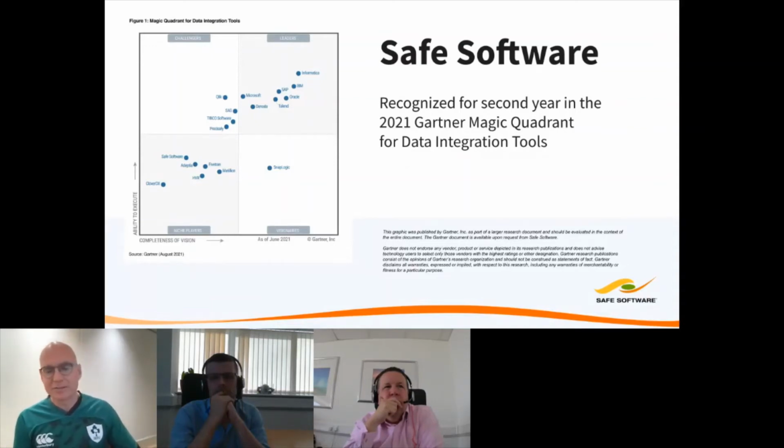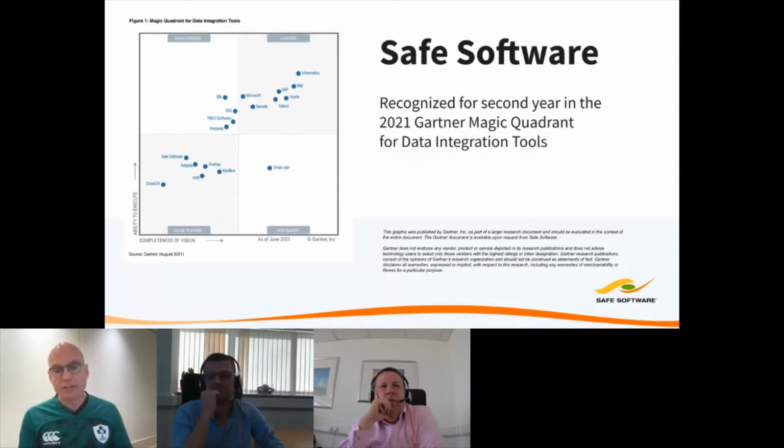Like Garrett, we wanted to be higher and to the right. I better get my right and my left straightened out. But Gartner is really a great voice to identify areas where we can improve. What do we need to do to move up and to the right? So it's been one of many voices we listen to as we do our product roadmap. So we're pretty excited about that.